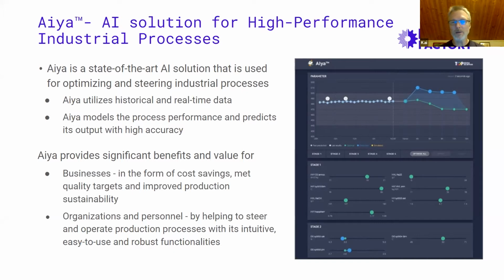On the right-hand side, you can see a user interface, the end-user application that was designed for this specific industrial purpose. It is very intuitive, quite easy to use. It shows the past performance of a process and where we are at the moment, and what is the predicted performance of the process going forward.